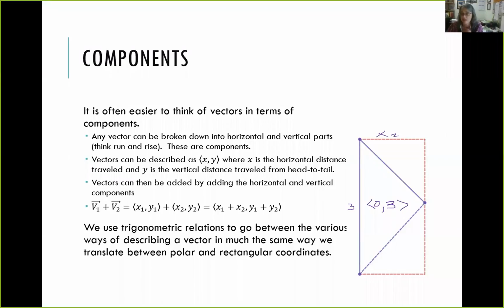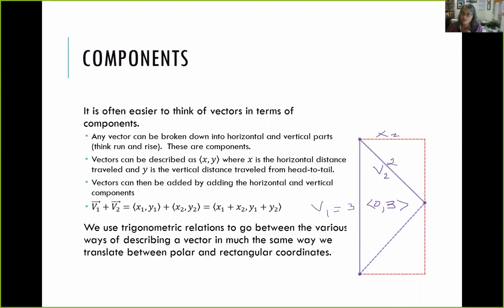Okay. Now, this guy here would be a little harder to do this with because, well, we could do it. This is 2 miles. So we can use trigonometry to relate our x and our y. So this is vector 2 here and vector 1. So we could find this x2.